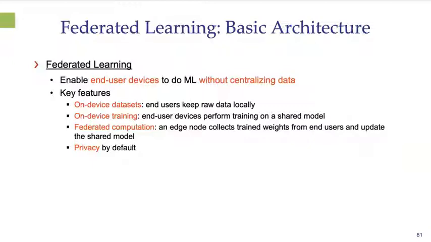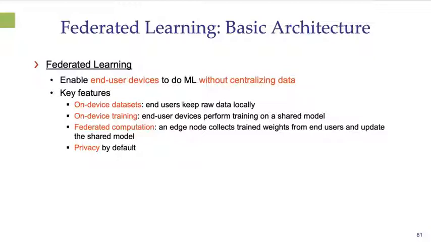Key features, again: own device data set, so the end users keep raw data locally. On-device training: the end user devices are powerful enough that they can train algorithms there on a shared model. Federated computation: the end user devices are going to send their models up to an aggregator, an access point if you will, or edge device, which is going to collect trained weights.